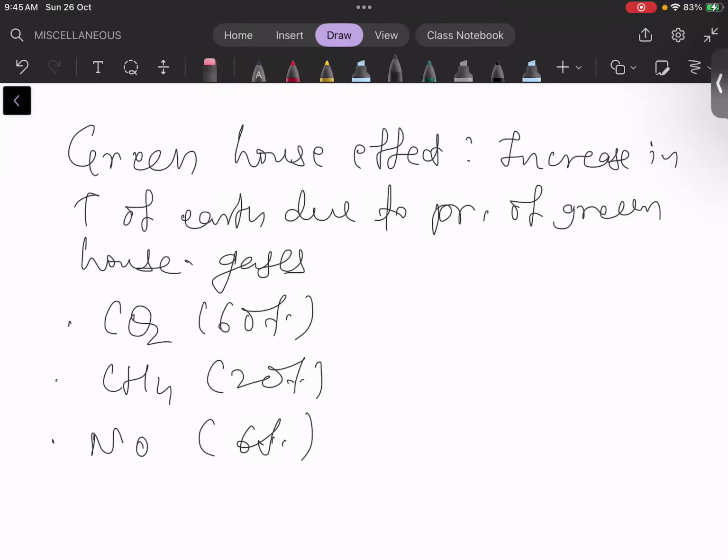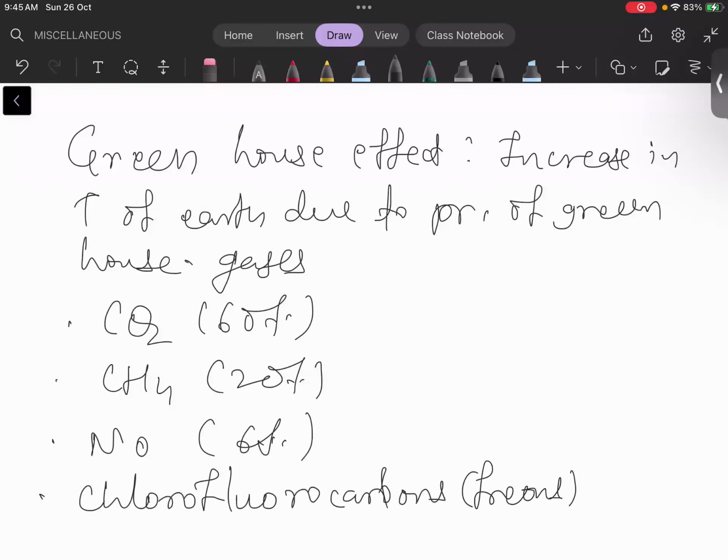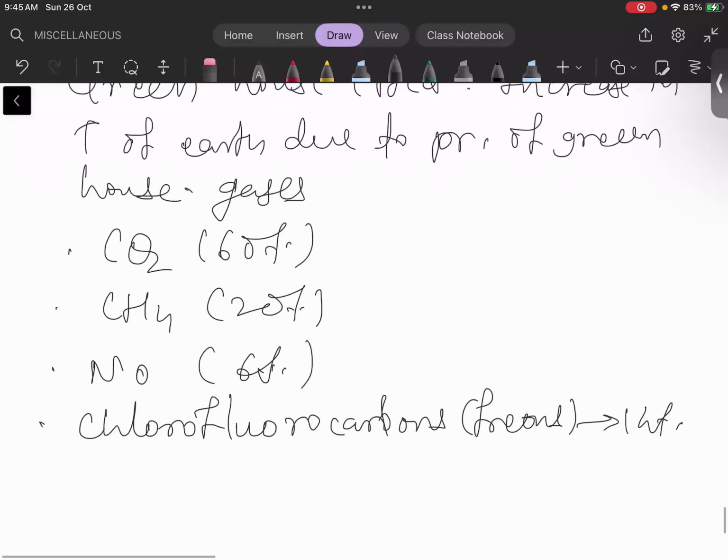Then fluorocarbons, nothing but freons, create around 14% effect. So total is 100%. It is also caused by water vapors, ozone, etc.